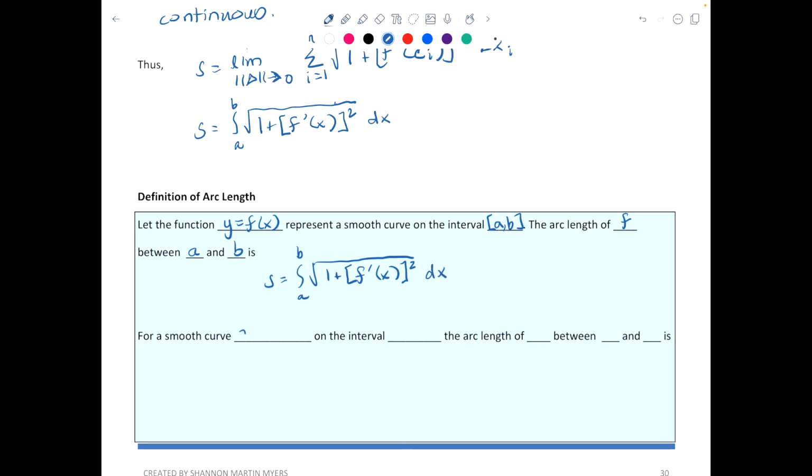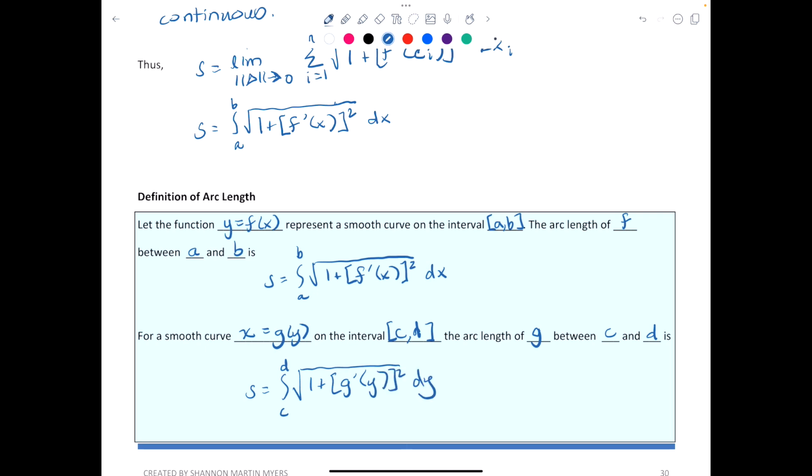Now, if you have a smooth curve, x equals g of y, on the closed interval from c to d, the arc length of g between c and d will be S equals the integral from c to d of the square root of 1 plus g prime at y squared with respect to y. Cool? All right, excellent.